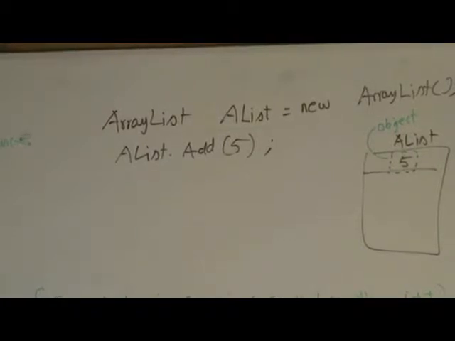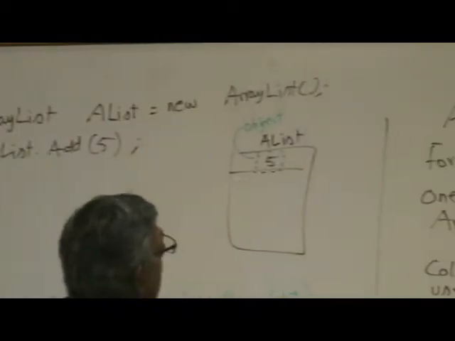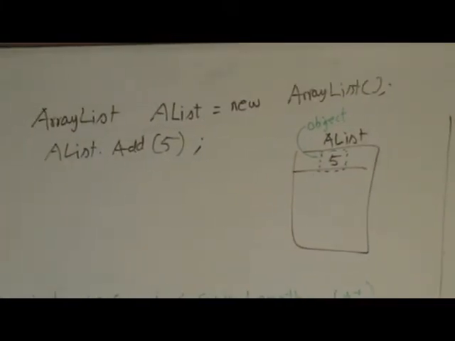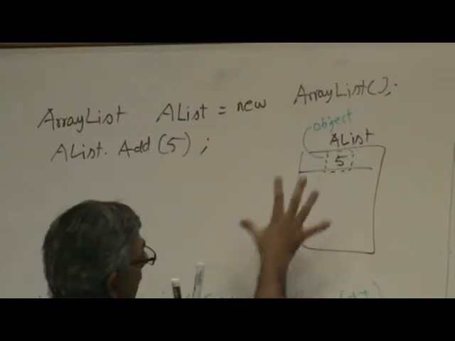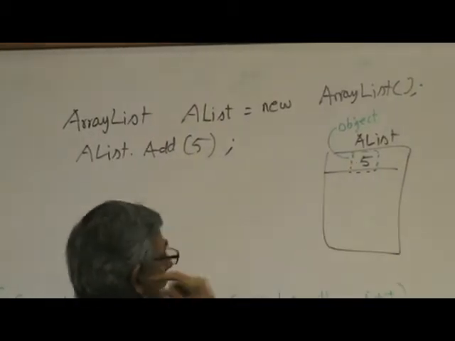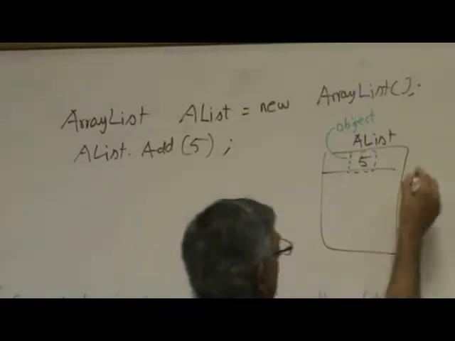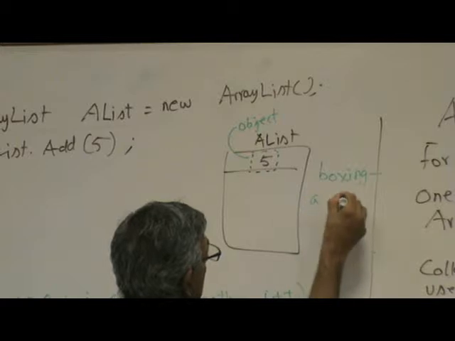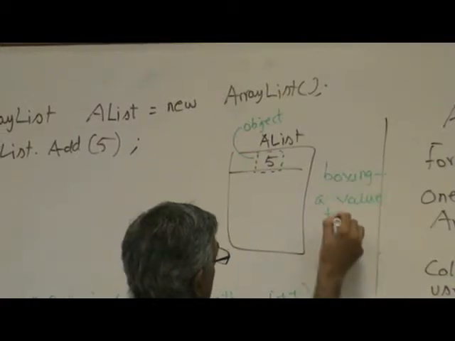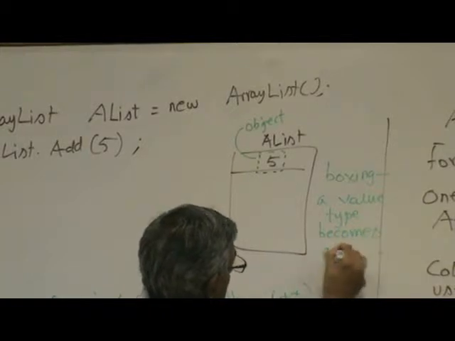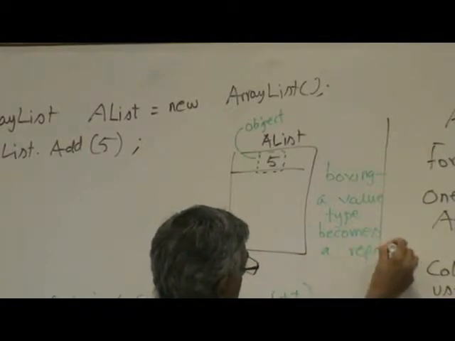Value type, right? However, as it goes into the array list, it becomes an object. An object is a reference type. So the technical terminology where a value type becomes a reference type is called boxing. So boxing basically means a value type becomes a reference type.